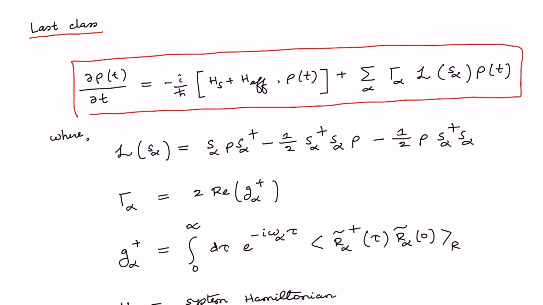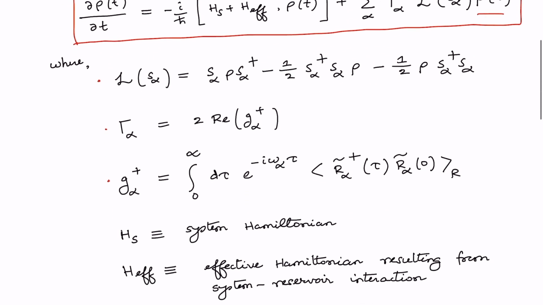Here, rho of t represents the density operator which describes the quantum state of the system, and in this equation this italicized capital L is the Lindblad superoperator. Gamma alpha are the dissipation or diffusion coefficients, and it is actually equal to twice the real part of the function z alpha plus, and z alpha plus is defined like this.